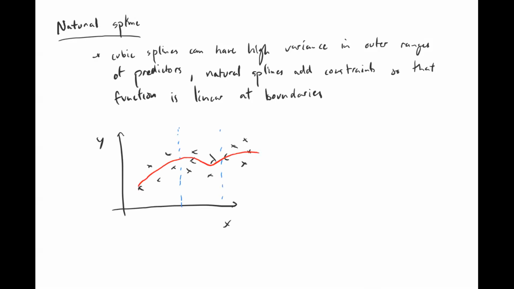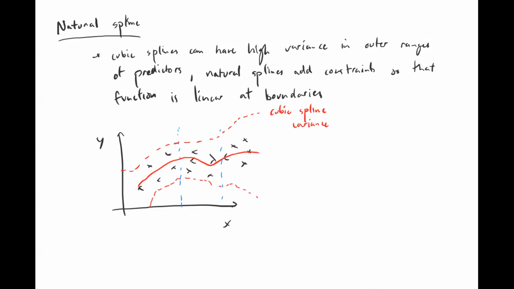For a cubic spline, you may find an increasing error at the boundaries. So this would be cubic spline variance.